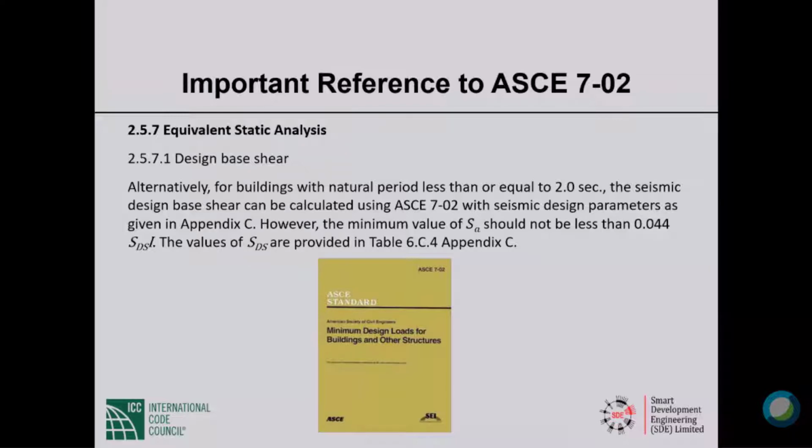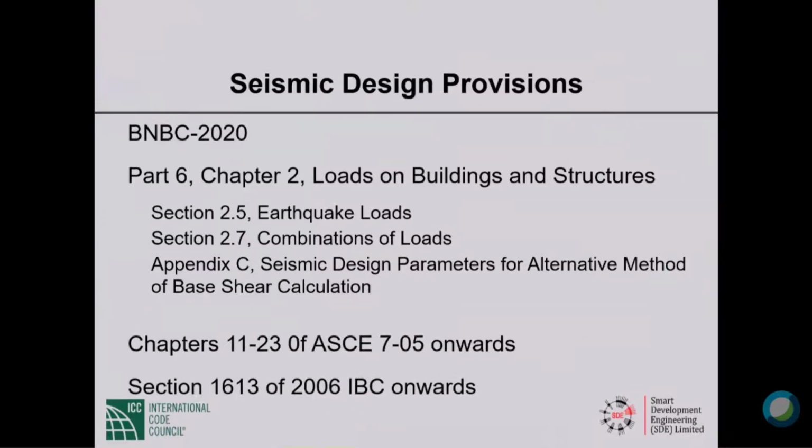It should have been ASCE 7-05 because the design spectrum of ASCE 7-02 did not have a third branch, which was added in ASCE 7-05. But if the period of the structure is less than 2 seconds, it probably does not matter. In any case, I do not know why specific reference was made to ASCE 7-02.